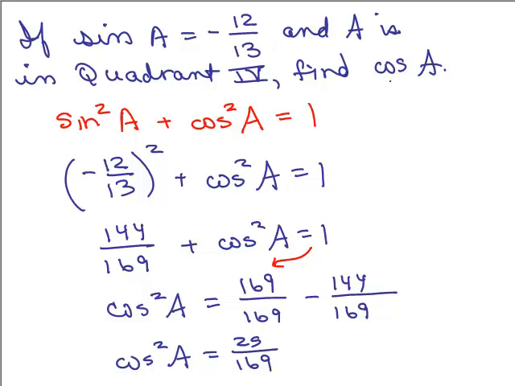But in this case, think about what quadrant we're in. Okay, so in quadrant 4, is the cosine going to be positive or negative? Well, it's going to be positive.